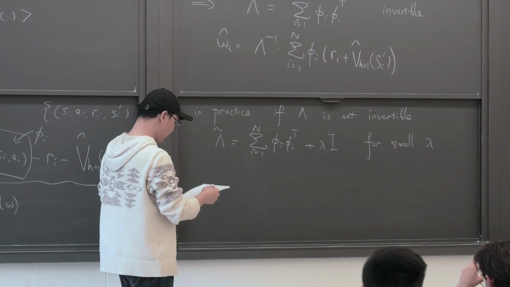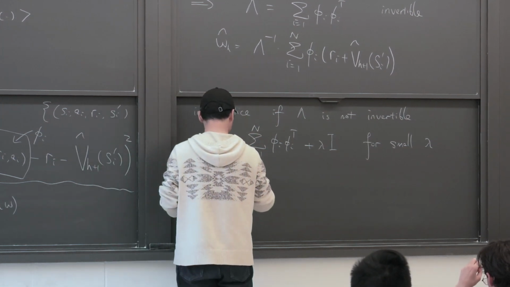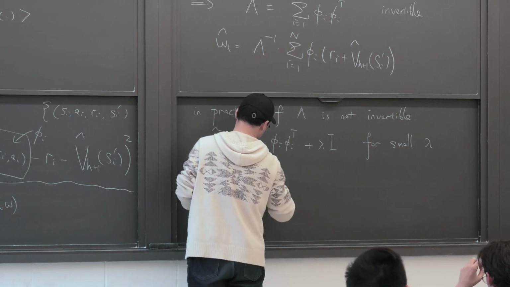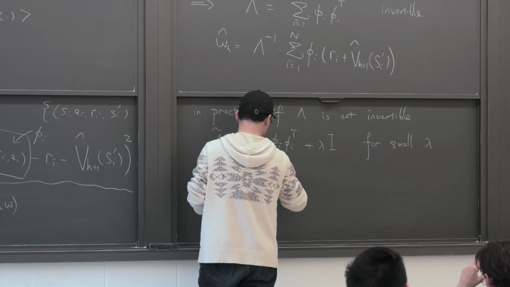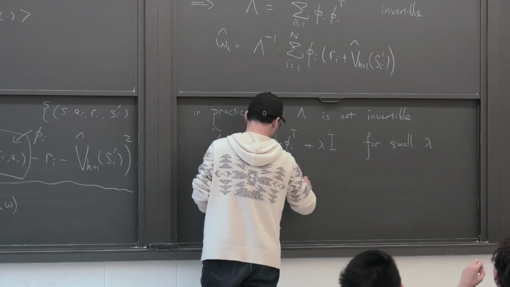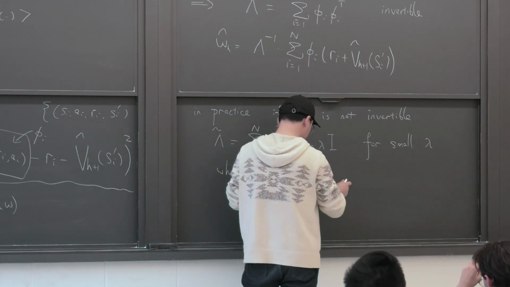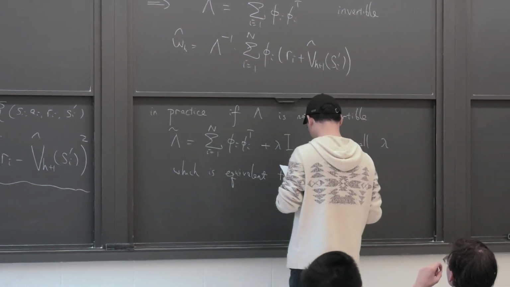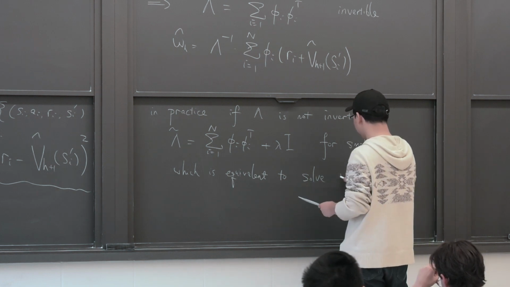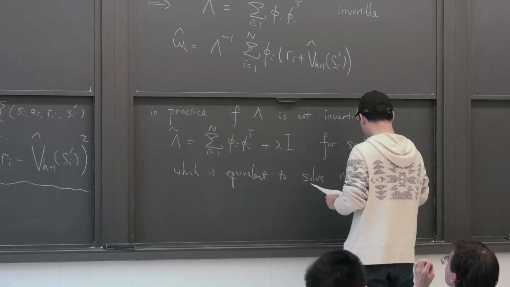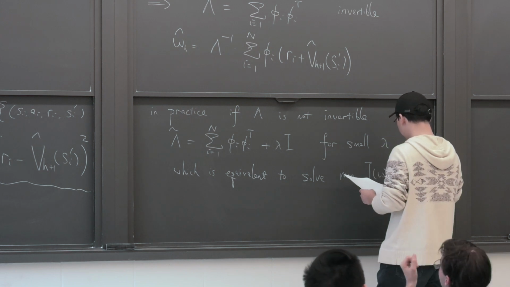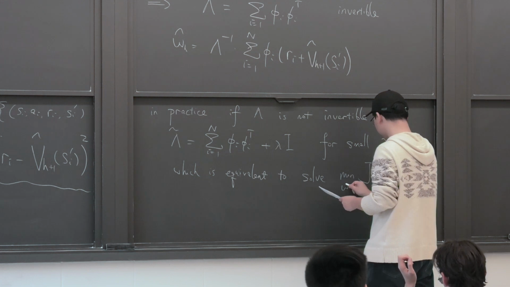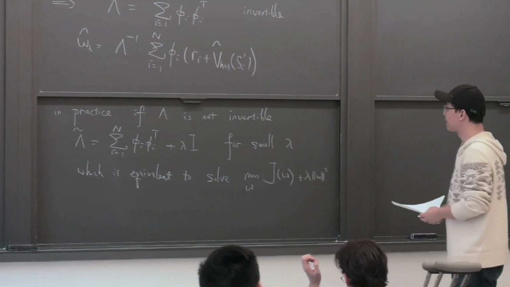So this solution is equivalent to solving the regularized minimization problem that minimizes J(w) plus lambda times the norm of w squared.